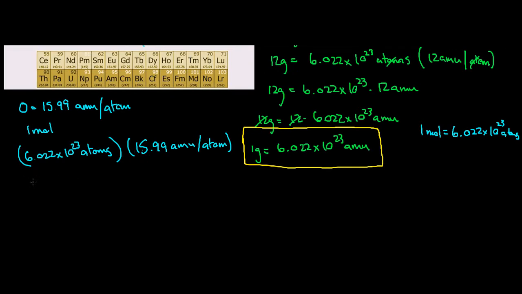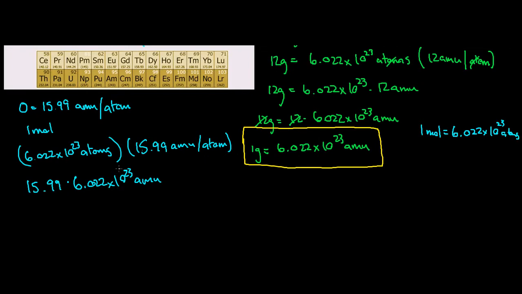This is going to give me 15.99 times, and I'm not going to multiply these together, and it will become apparent why, 6.022 times 10 to the 23rd atomic mass units. Now this relationship says that 1 gram is equal to 6.022 times 10 to the 23rd atomic mass units.